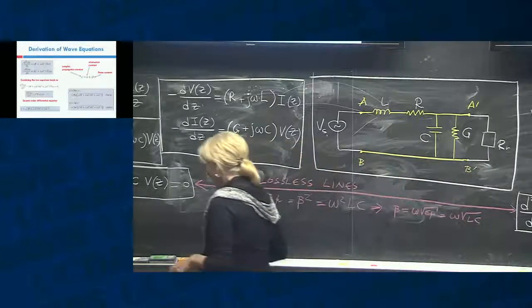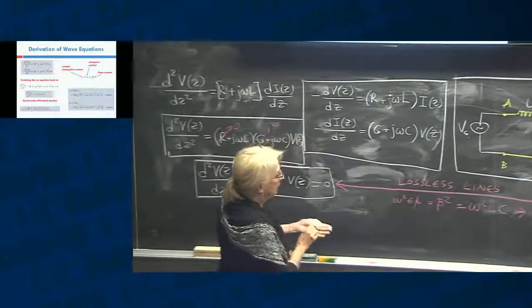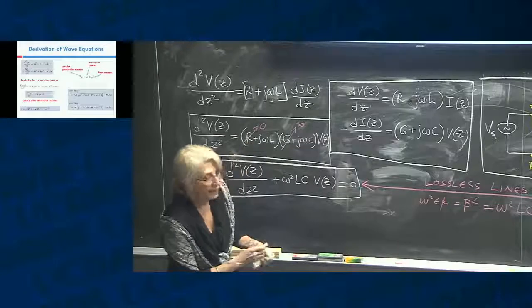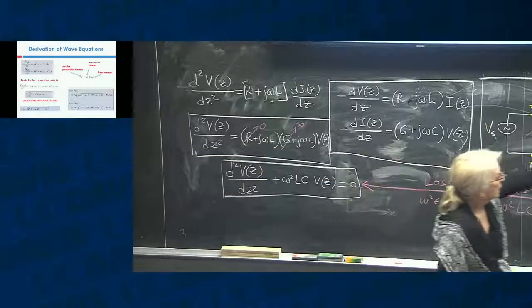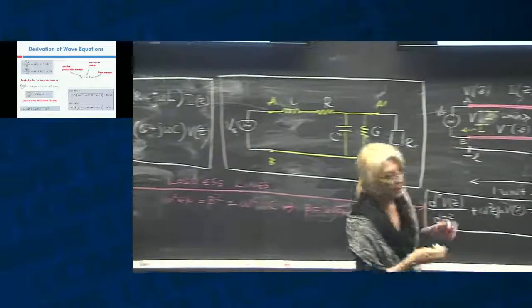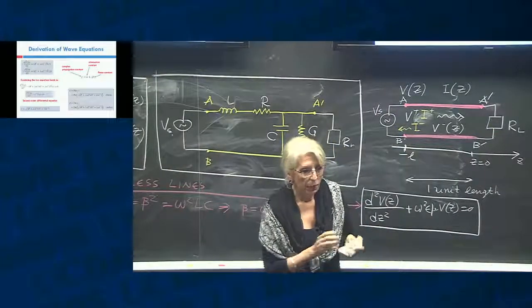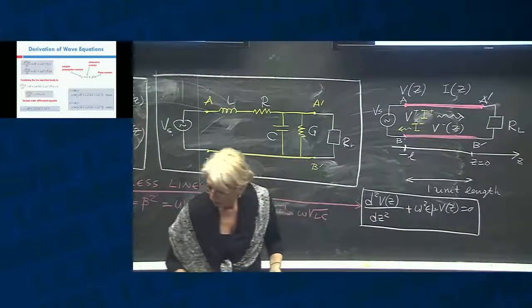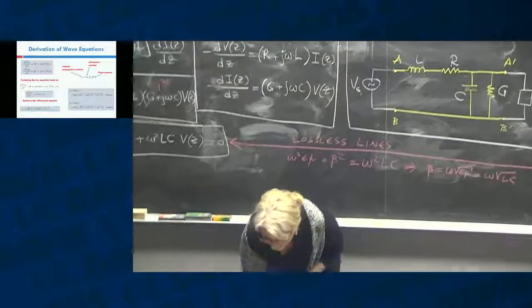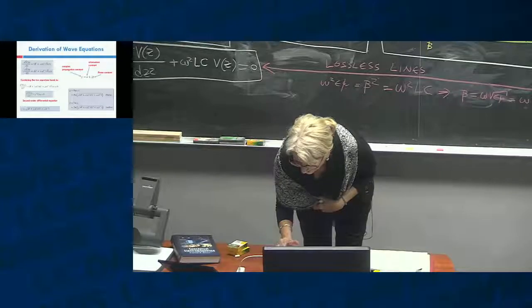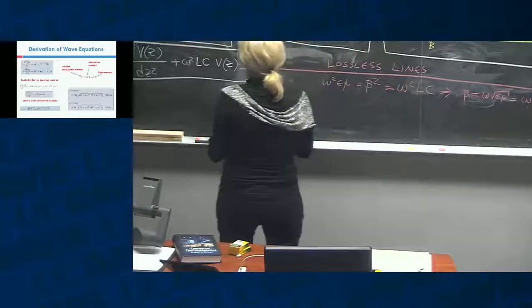Now, the interesting thing is where it makes it easier, when we want to find the relationship between V and I, or V naught and I naught. All right? And we'll do this as follows.